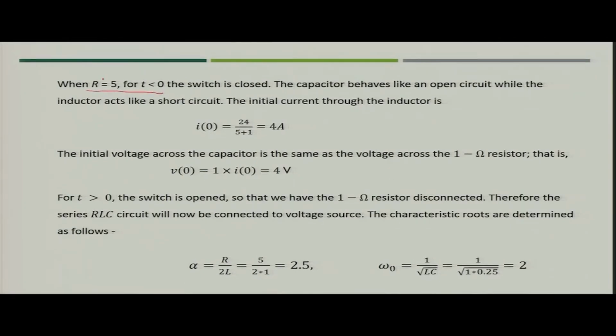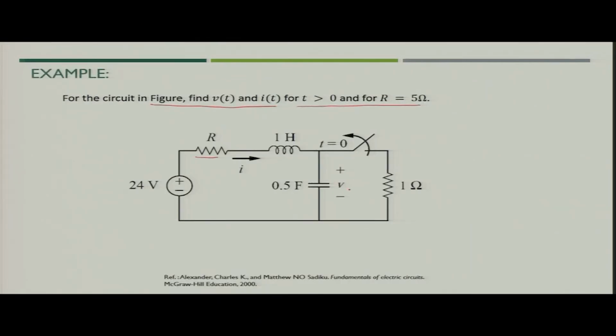Now, the given resistance in the question is 5 ohm. The switch is opened at time t equal to 0, so at that time we first need to find the value of current flowing through the inductor. Since we can see from the figure that only these two resistances are in the circuit, the current flowing through the inductor is nothing but the current flowing through the resistances.